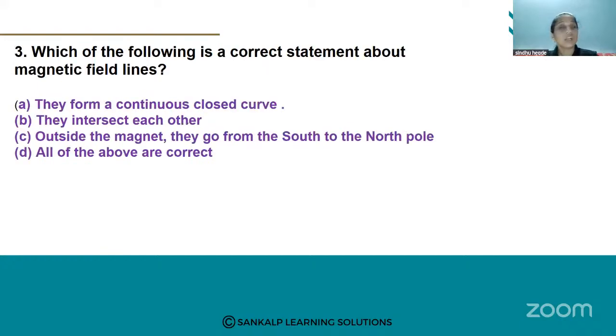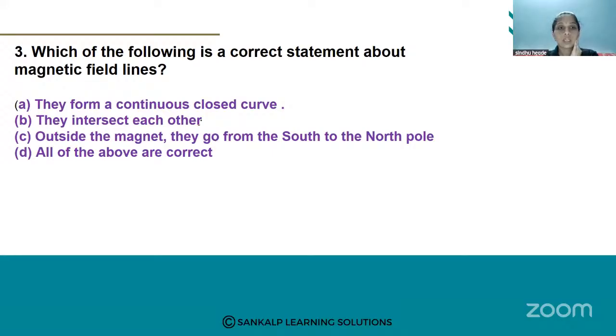Next question, which of the following is a correct statement about magnetic field lines? We already studied the properties of magnetic field lines. Remember them and just find out which statement is correct among these.